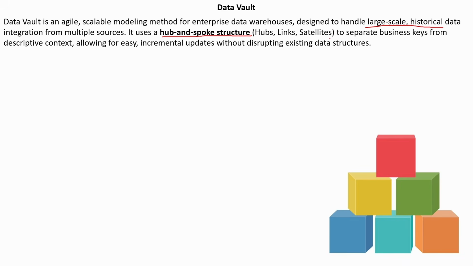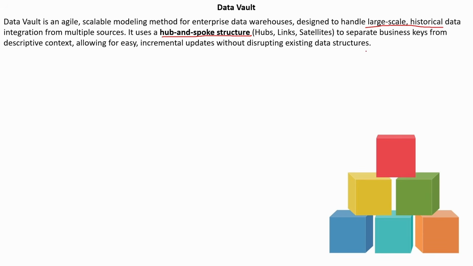We will come into that one by one in a minute or so. To separate business key from descriptive context, okay, allowing for easy incremental updates without disrupting your existing data structure. So this is really cool. It is a very flexible way to have your data structured.